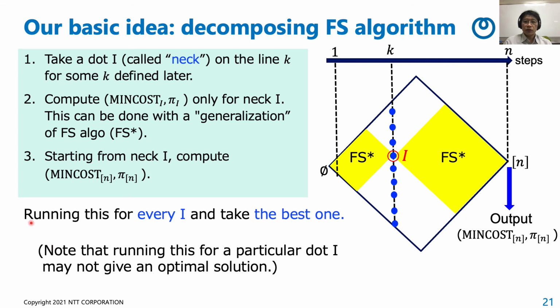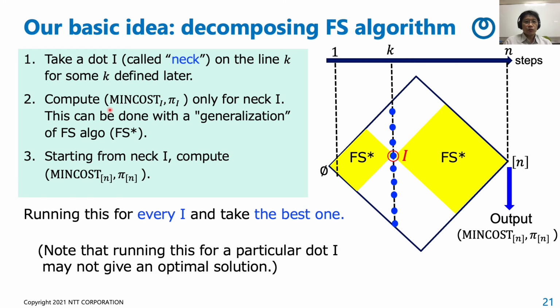Now let me show you the basic idea of our algorithm. This is based on decomposition of the FS algorithm. First, take a dot I. We call this a neck because it seems necked in this figure, on the line k for some k defined later.